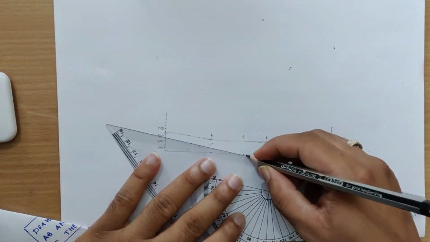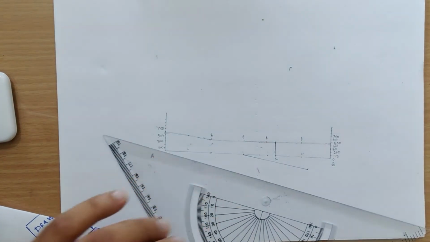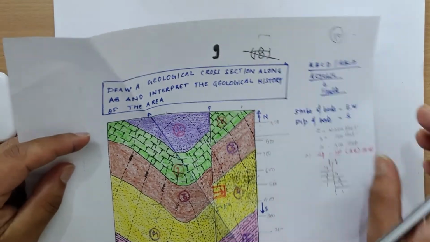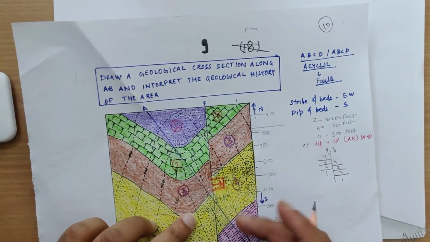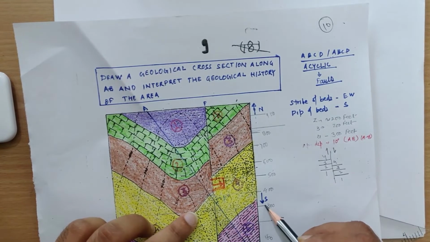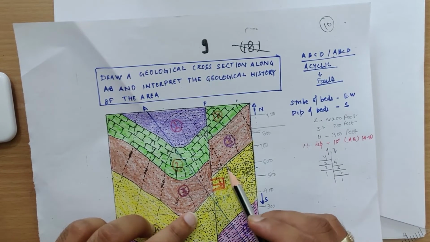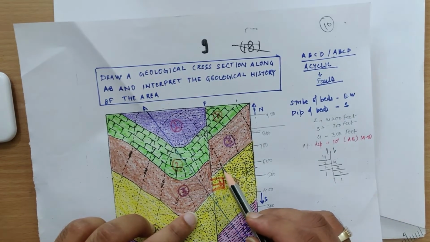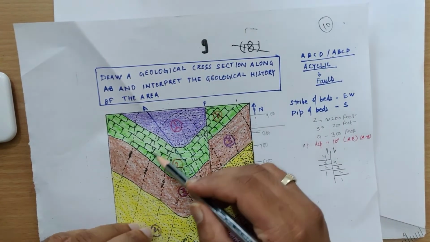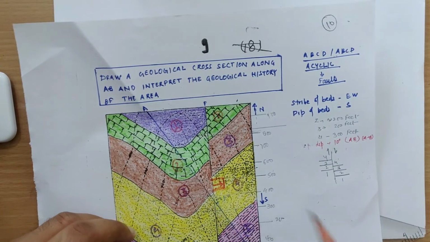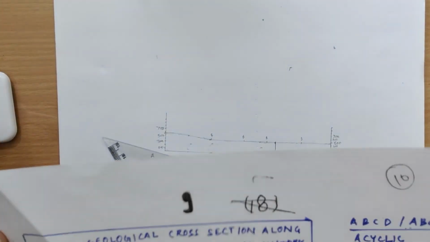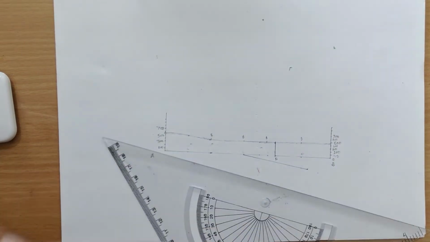We have already determined the thicknesses, and of course we can determine the throw as well. So if we see this trace and this trace, this is lying at 300 and the same trace is lying at 600 over here. The value of this particular is 500. So roughly we have 100 feet of throw.